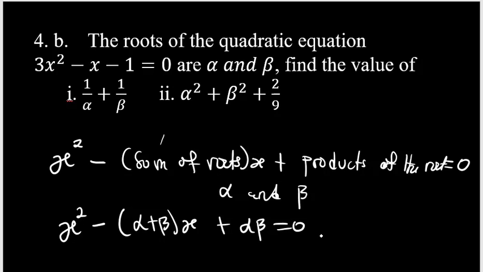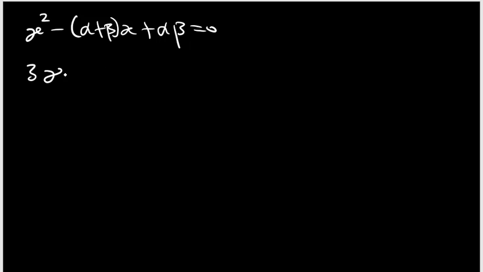And this is how the equation is supposed to be. But the question is saying that the equation is what has been given here, and that is 3x squared minus x minus 1 being equal to 0. If that is the case, then x squared minus (alpha plus beta)x plus alpha beta being equal to 0 is the same as 3x squared minus x minus 1 being equal to 0.